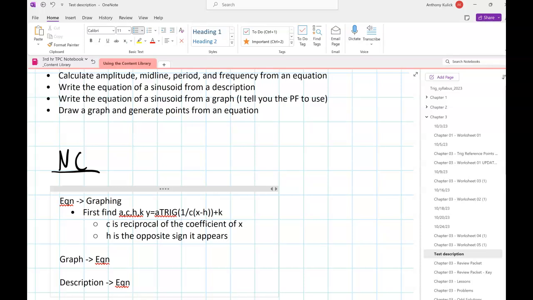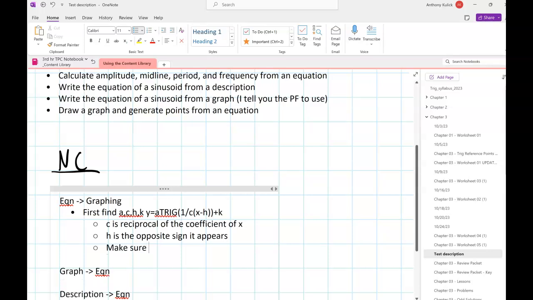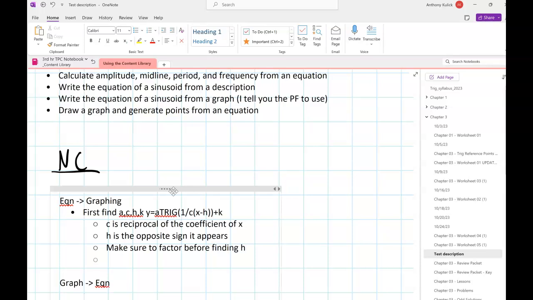And I would want to make sure to factor before finding h. So those are just general things I need to remind myself about that process, right? I saw lots of us make mistakes regarding these kinds of things.